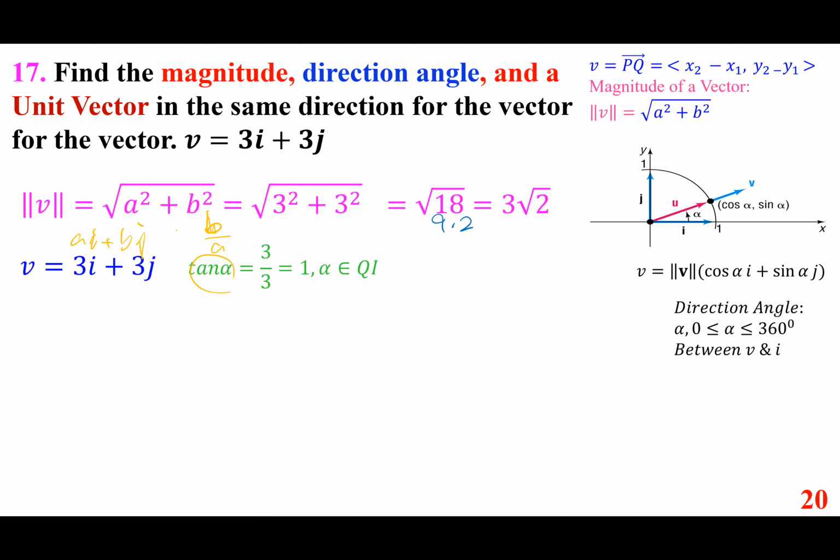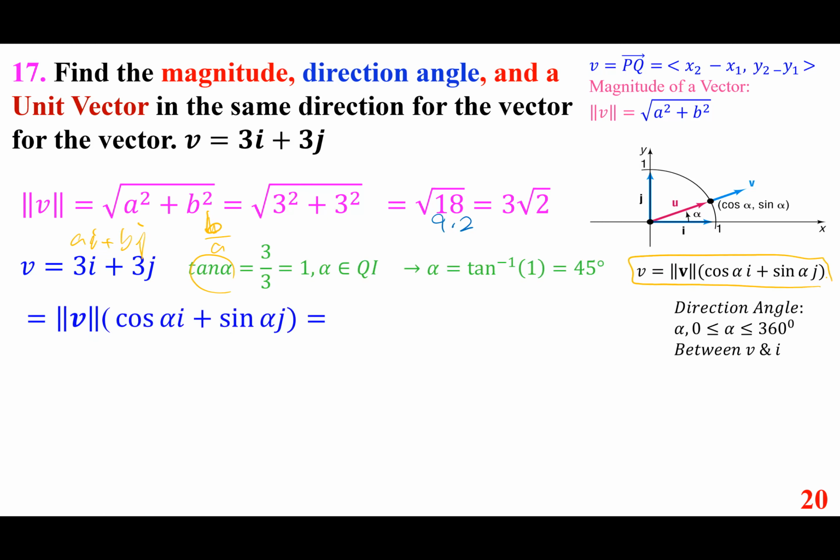Which is 1, and it makes it 45 degrees or pi over 4. Therefore, if we want to write it in this fashion, you just plug it in. The magnitude, we have 3 square root of 2, and alpha, we have 45 degrees.